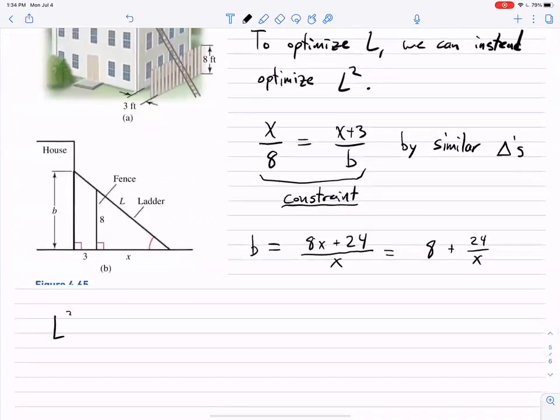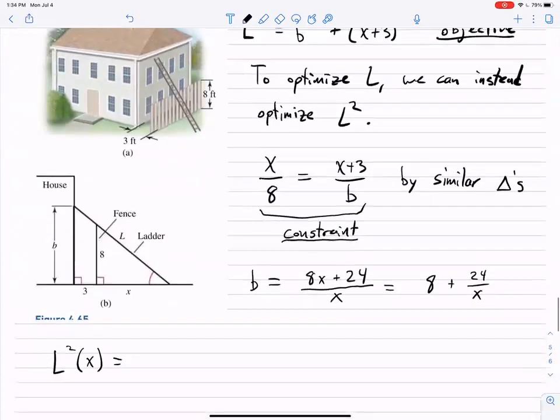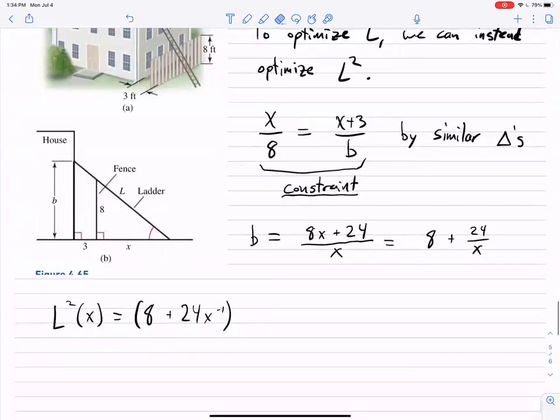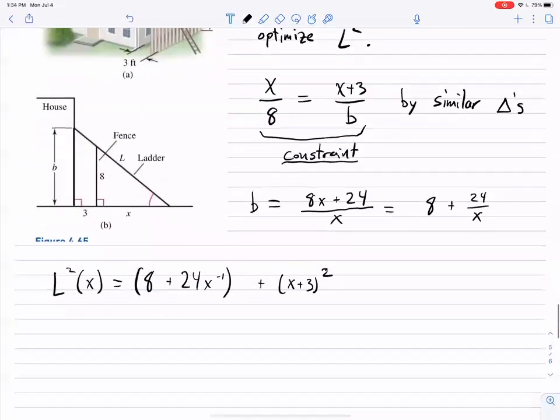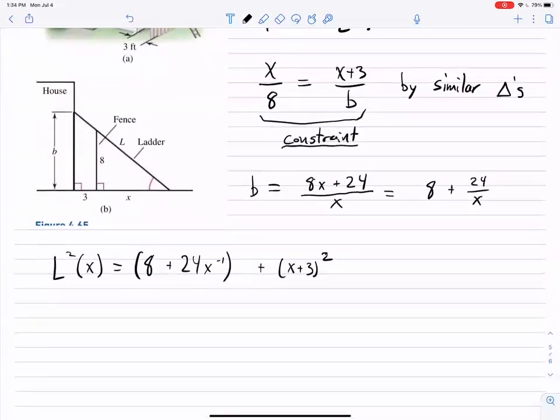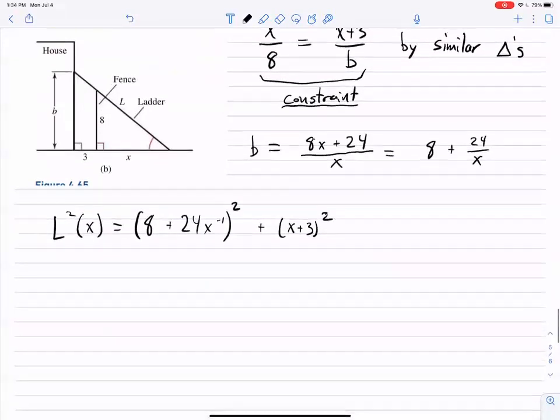So L squared as a function of just X will be 8 plus 24 X to the minus 1, squared, plus X plus 3 squared. Oh, sorry, that needs to be squared.